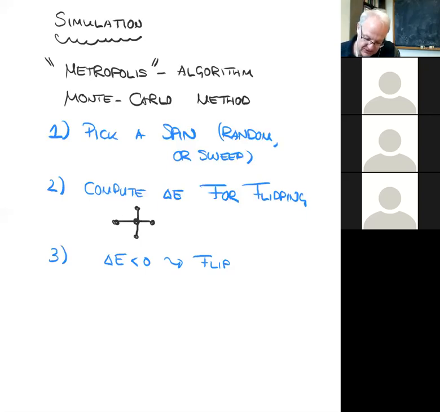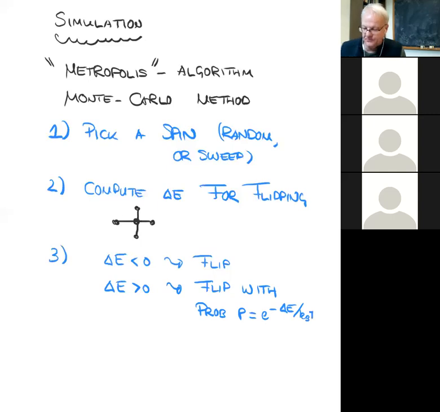And so if delta E is greater than 0, then we flip with a probability P that's e to the minus delta E over k Boltzmann T. Remember that delta E is a positive number, so this probability is a number between 0 and 1.